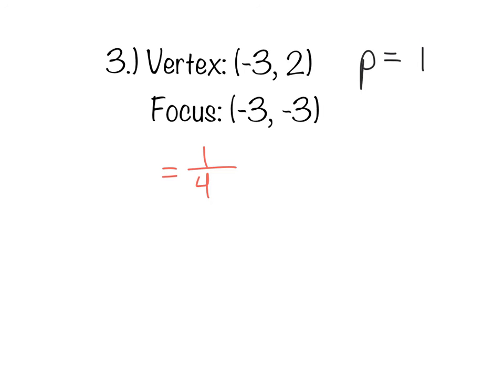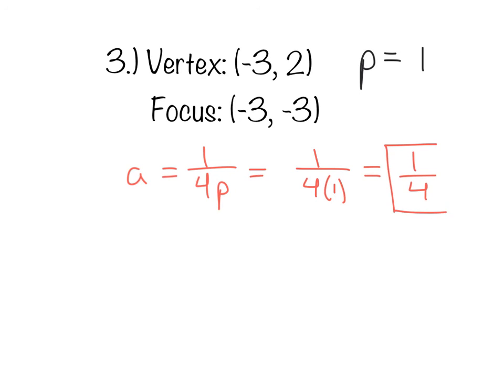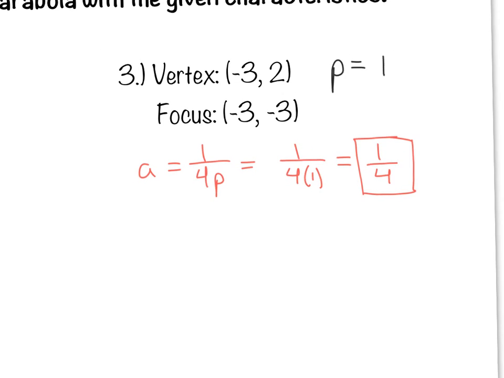Since I need to find A and not P, I could put A on the outside and P on the inside and do the exact same thing. So knowing that my P value is 1, I can just substitute it in. So what I get is 1/4 times 1, which is 1/4. So that means that my A value is 1/4. And now I'm ready to write the equation.